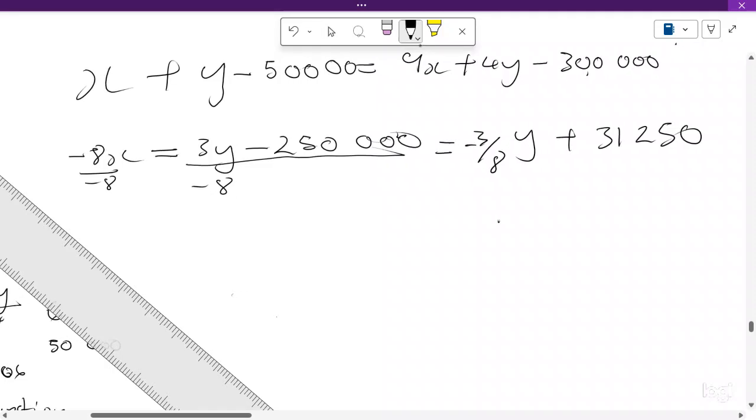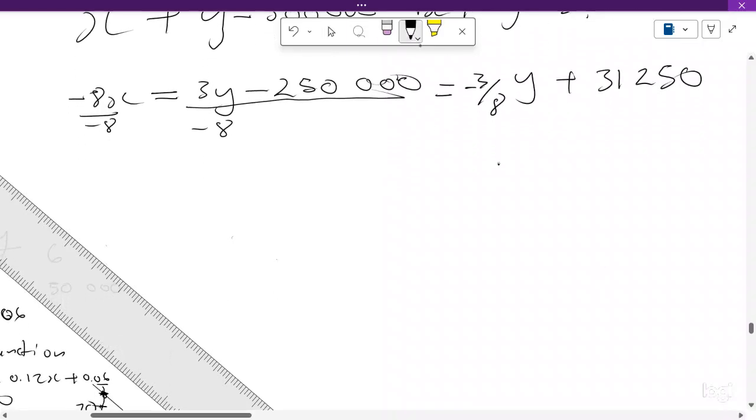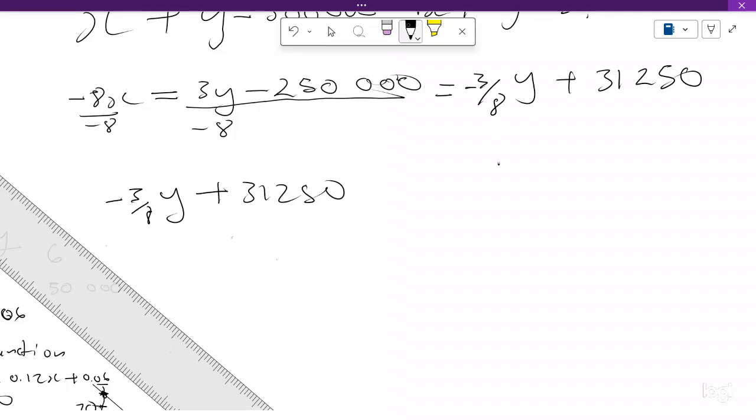Another one, now they want to know what is the risk. What is the average risk for this investment? So now the formula that I'm going to write is the average risk.